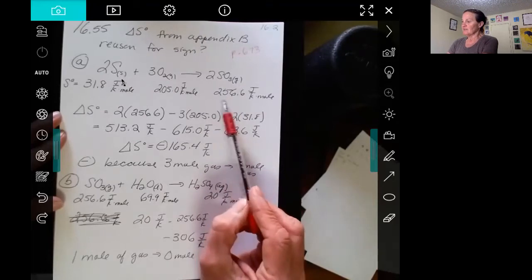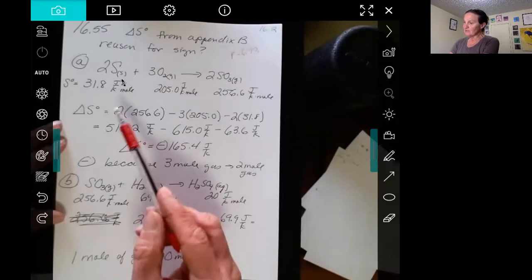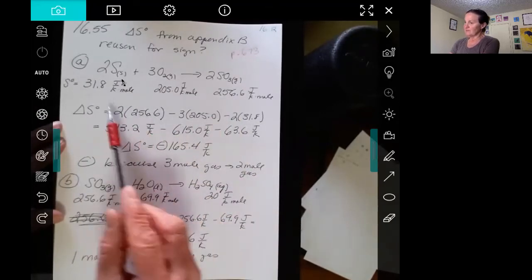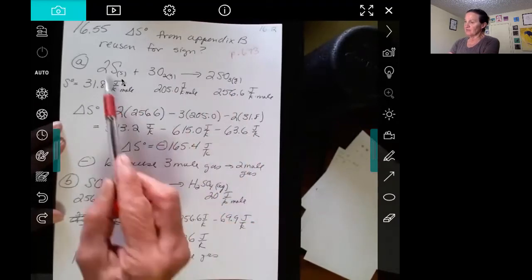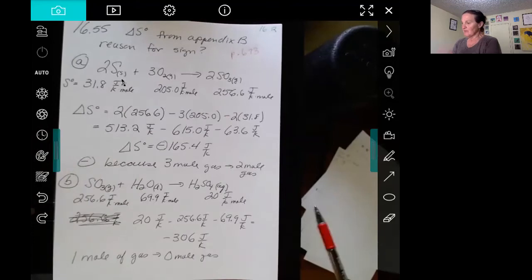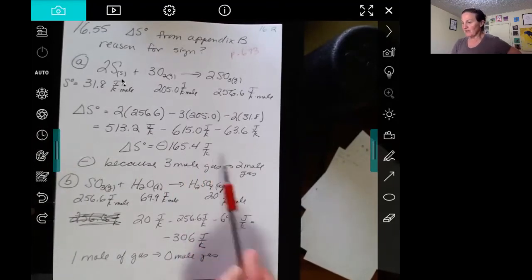Sulfur trioxide, 256.6 joules per K mole. So when I take 2 times the product, so we have 2 of those, minus 3 times the oxygen and 2 times the sulfur, I end up with a negative 165.4 joules per K.